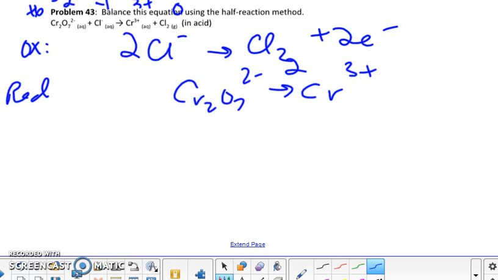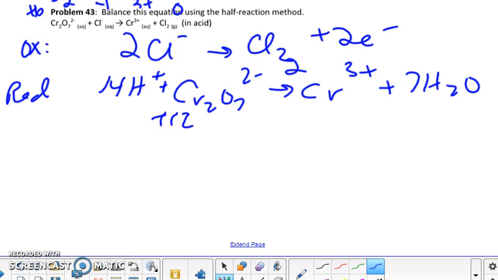Are my oxygens balanced? No, I have 7, so I need to add 7 H2O. Are my hydrogens balanced? No, I need 14 of them now. And now we have to look at charge. I have 14 minus 2, which is +12. I have 2 times +3, which is +6. So I need to add 6 electrons over here.